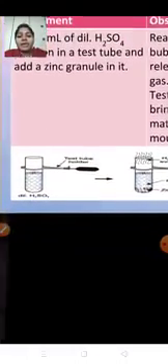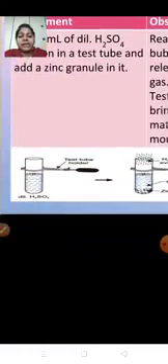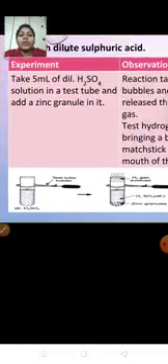So let's see what happens in this. So what we will do, in a test tube, you can see this is test tube holder. In a test tube we will take 5 ml of dilute sulfuric acid, and to that we will add zinc granule in it.